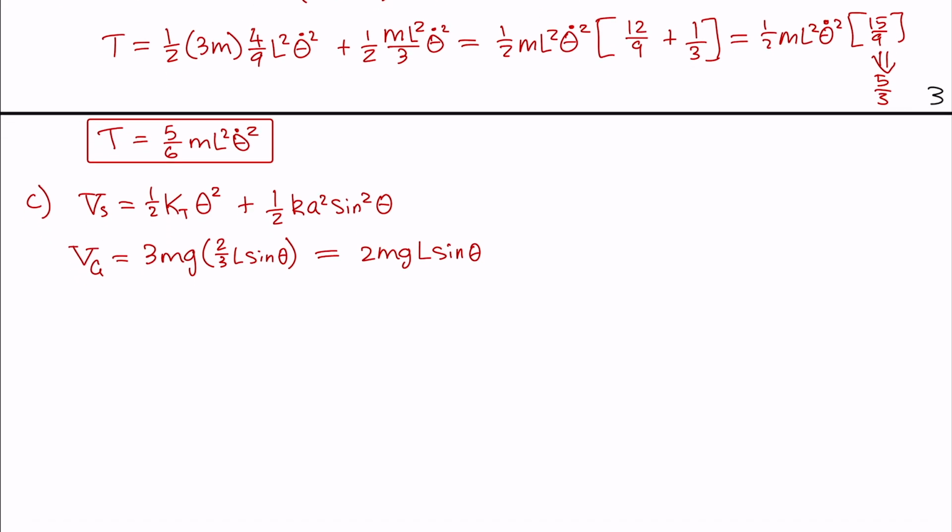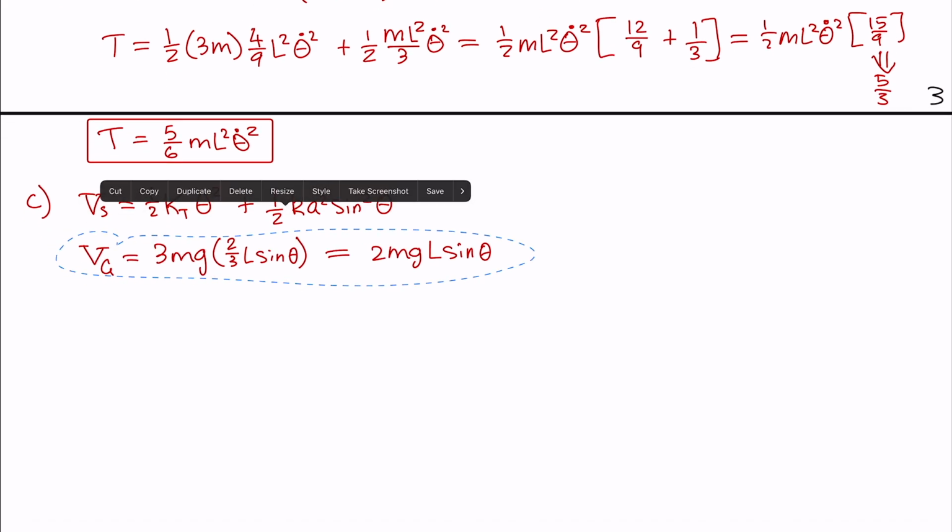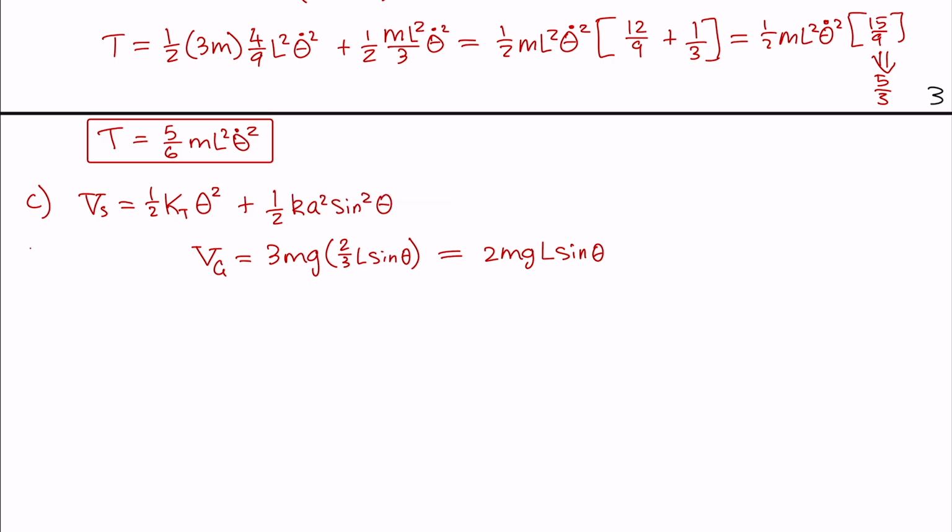We can also do it by parts. I'm going to make a little bit of an annotation here. We're just going to say Vg using center of mass, and then Vg using parts.